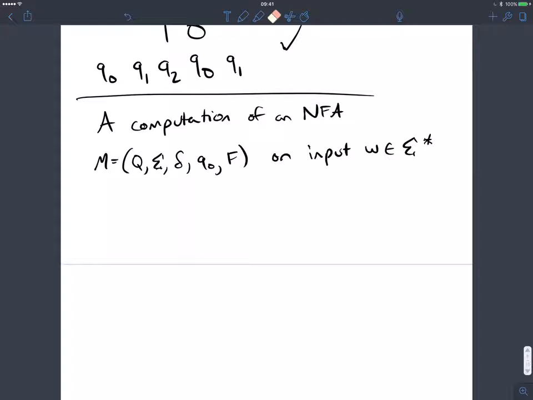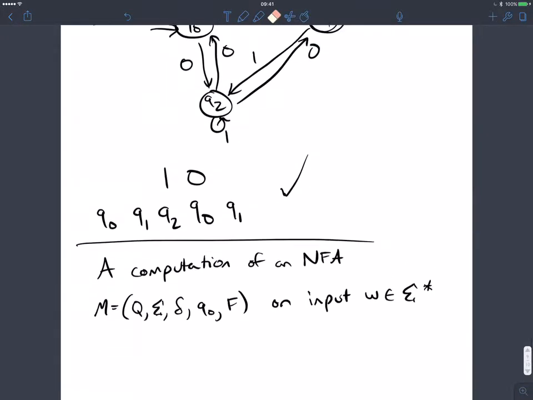So, but how did I accept before? If I look back here, if I, for some reason, couldn't progress beyond when I was in Q2 and I just saw 1, if I couldn't progress beyond that, would I ever accept the string? No. So we need to have a way to incorporate seeing epsilon transitions, but we also have to read the entire string.